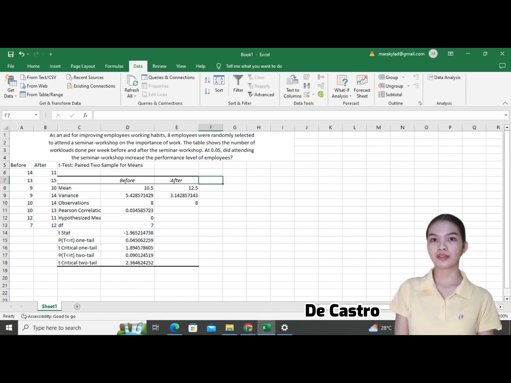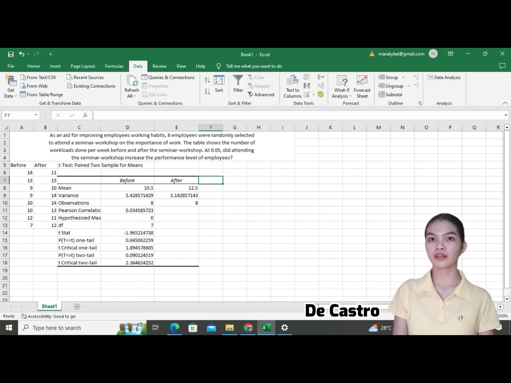The first thing we look at is the means of the two groups: the mean before is 10.5 and after is 12.5. We can also see the variance here. Now the t-statistic produced for this difference is negative 0.97. In a two-tailed test, the critical value would be 2.36.